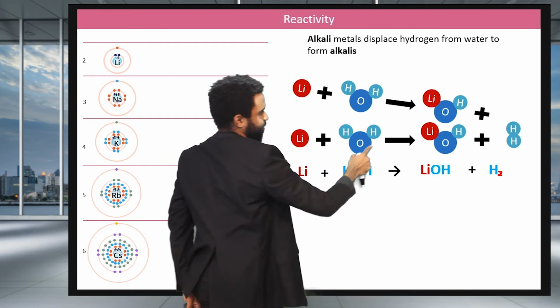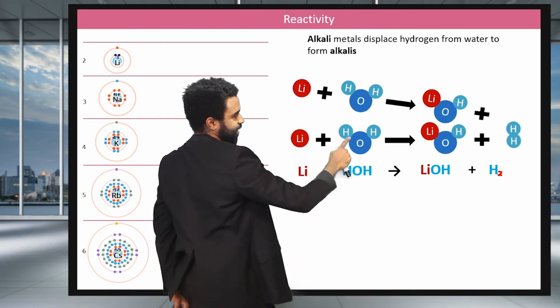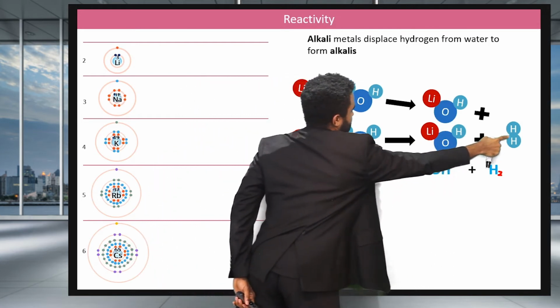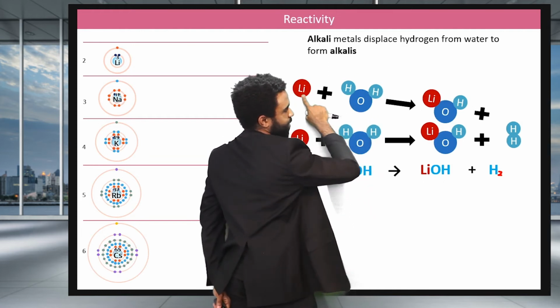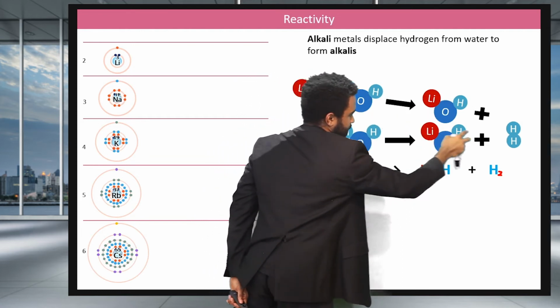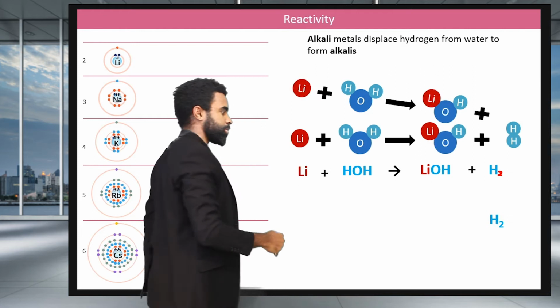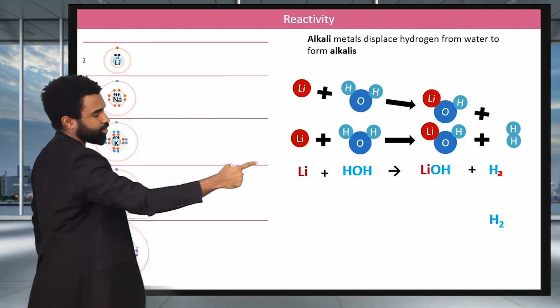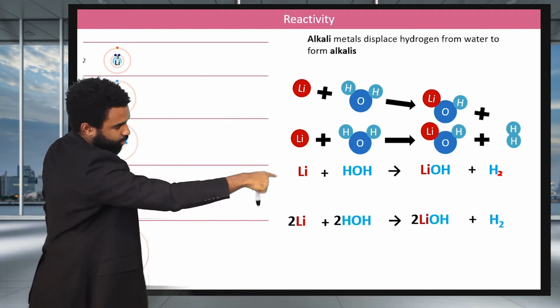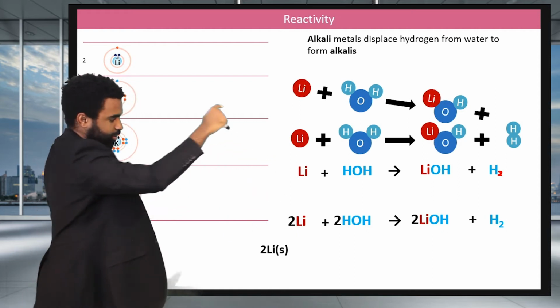This hydrogen was displaced from this water molecule when this lithium kicked it out, and that hydrogen was displaced from this water molecule when that lithium kicked it out. So now we end up with the H2 there. How would we write that as an equation? We have H2, and then we double the rest. So we have 2 LiOH, 2 HOH, and 2 Li.